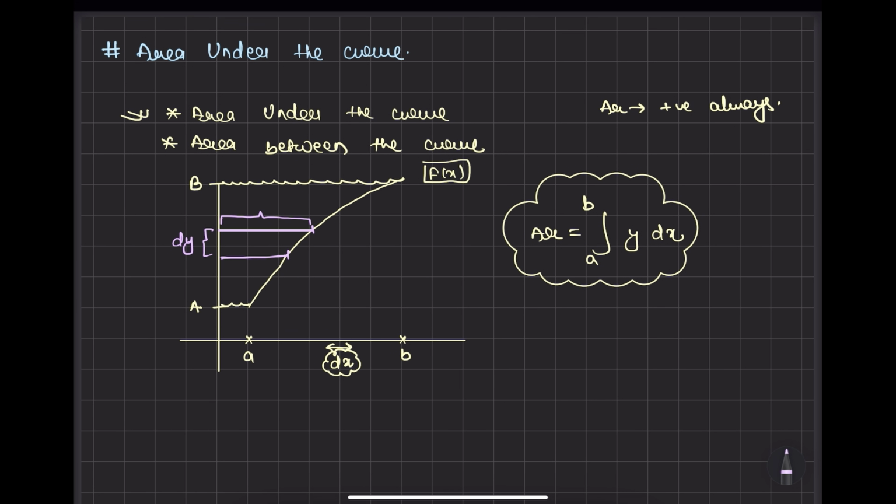Can I write area equals length, which is x, times width, which is dy, from a to b? This is how you calculate area along the y-axis. I hope these two things are okay.